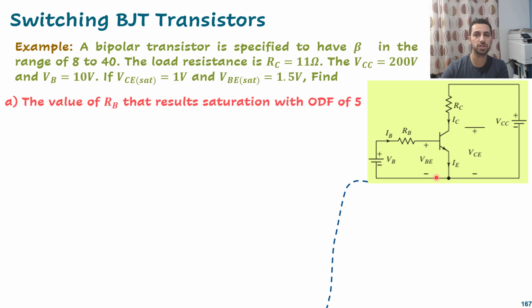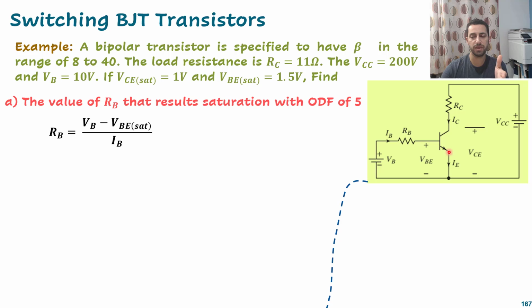If you manipulate that, you will have the RB value equals the V base, which is this one, minus the VBE sat, because we are talking about the saturation scenario, divided by the I base that I want to push. Now I don't know RB and I don't know I base. I know VB, which is 10, VBE sat, which is 1.5, but I don't know IB.